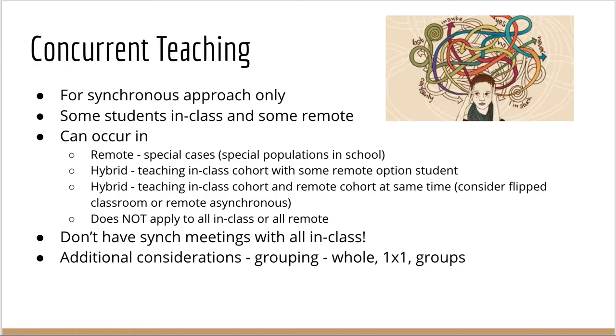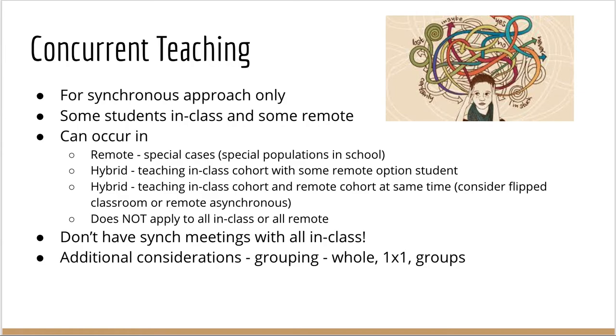For example, right now we have special populations, we call them. They're coming in to school even though we're in remote mode. They could be students on IEPs that need extra support. It could be kids that don't have good internet access.